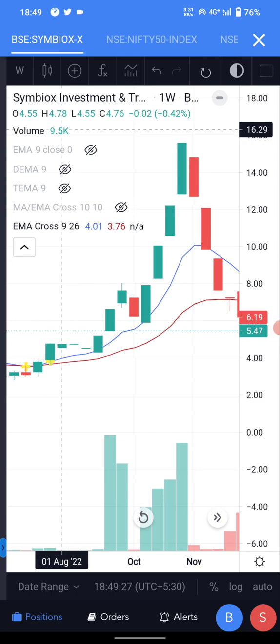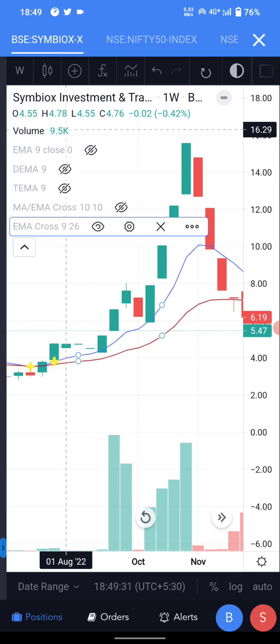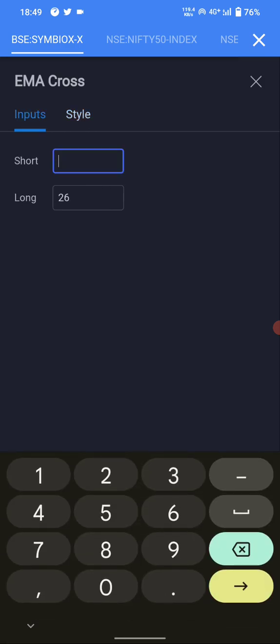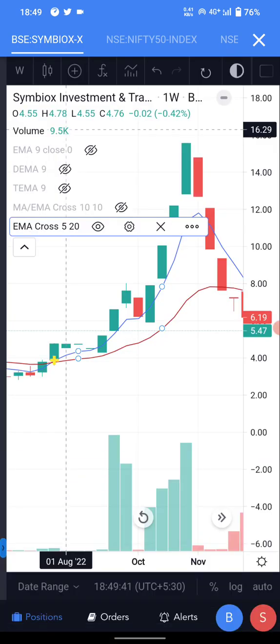The most applicable strategy is this one, and the inputs should be 5 and 20, not 9 and 26. That is the generalized one. Use 5 and 20, you're going to get an optimized, exact trade you can take. 5 and 20, this is the same that I have explained, right?